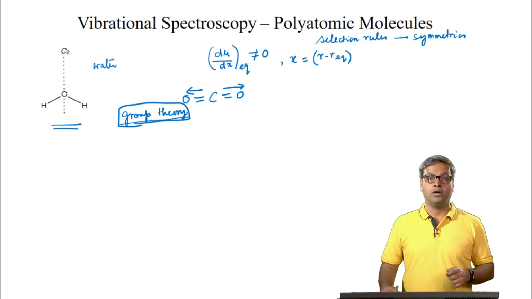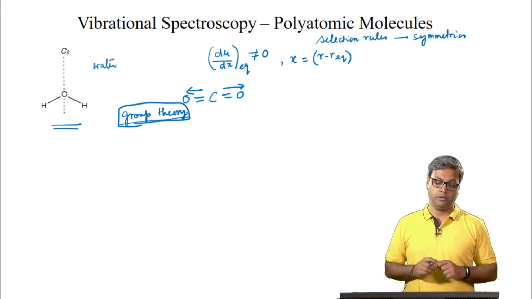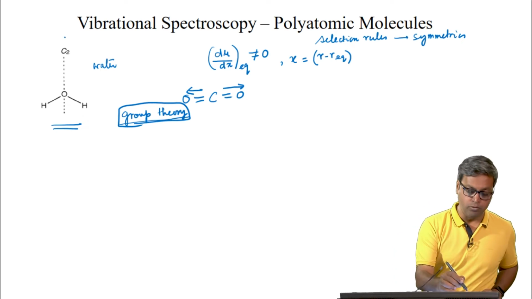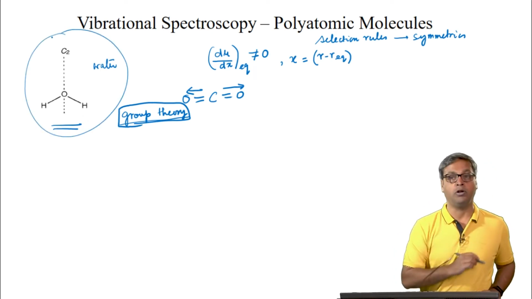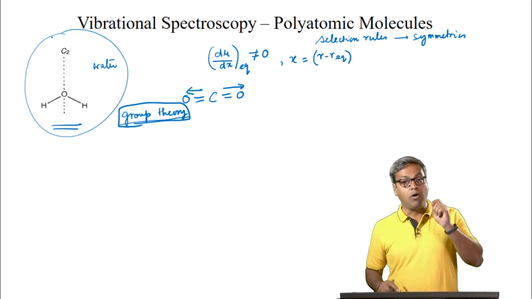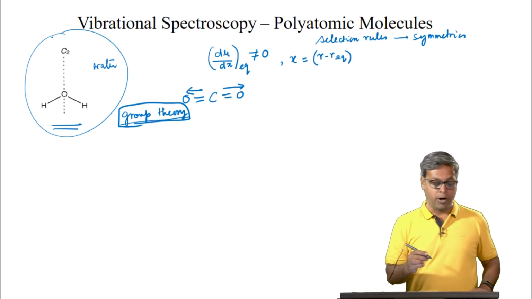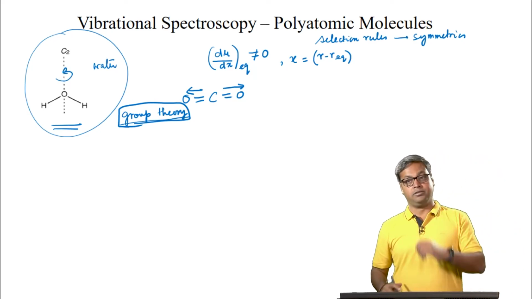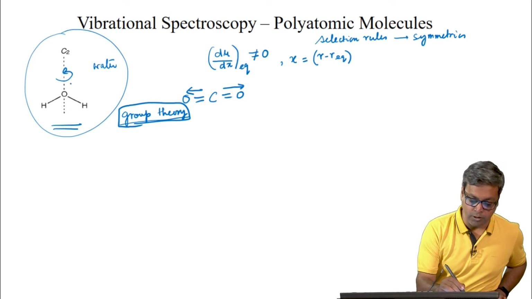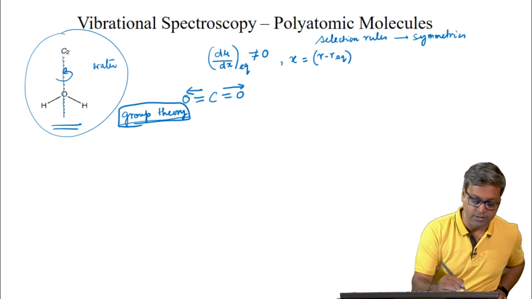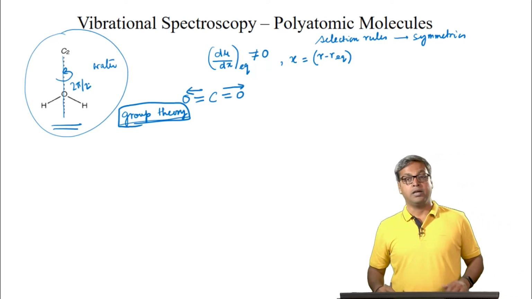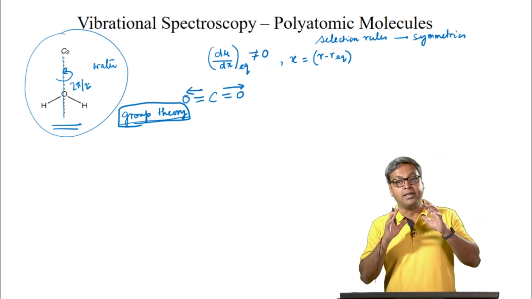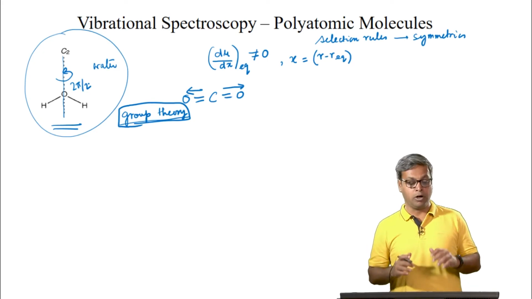We will start with the elements of symmetry. Let us look into the water molecule. In water, if we rotate this molecule along this axis by 2 pi by 2 radians, it produces an identical configuration to the observer.